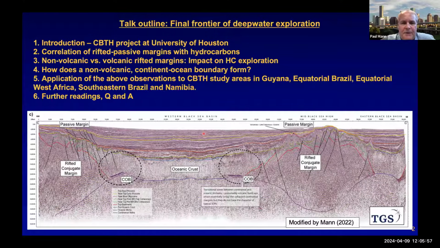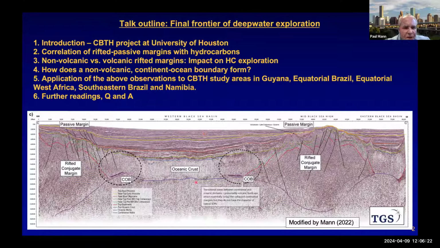This is really fundamental to the area that we're working in, which is these very deep water areas. And finally, I want to apply all of those numbers 1, 2, 3, and 4 to other emerging hydrocarbon areas: Guyana, West Africa, Brazil, Namibia, and other places.